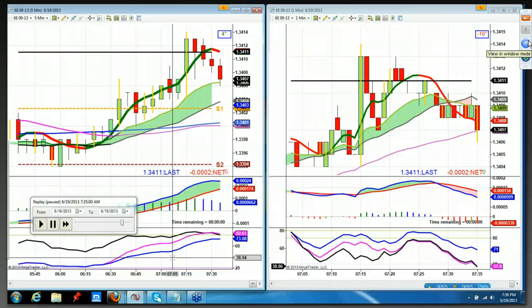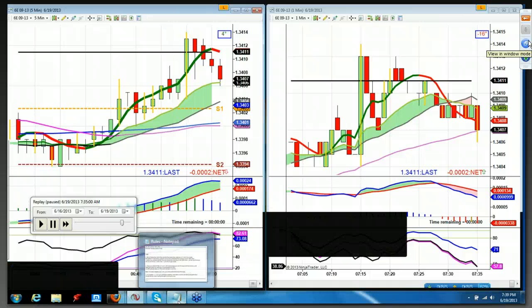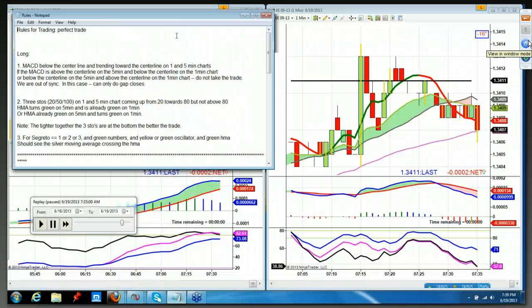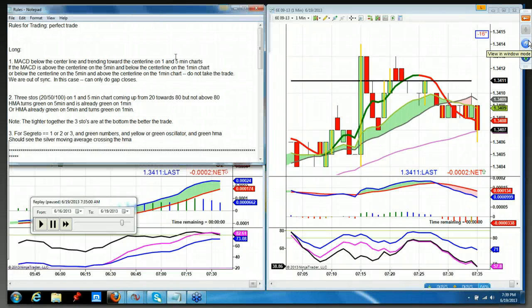Okay, so now let's take a look at this, because I think I see a perfect trade here. And again, this is 8:35, okay? It's 7:35 Central Standard Time, and if that causes any confusion, I apologize. But this is 7:35 Central Standard Time today.